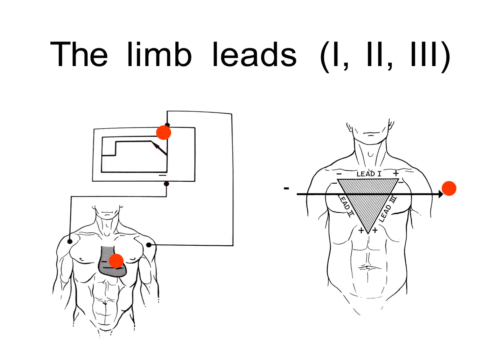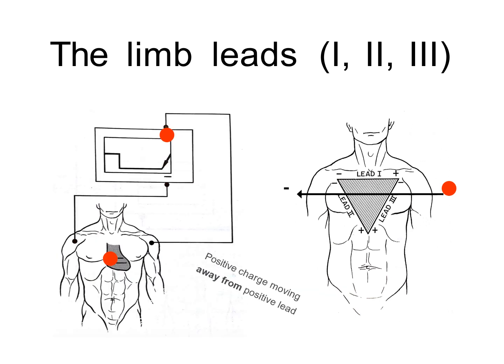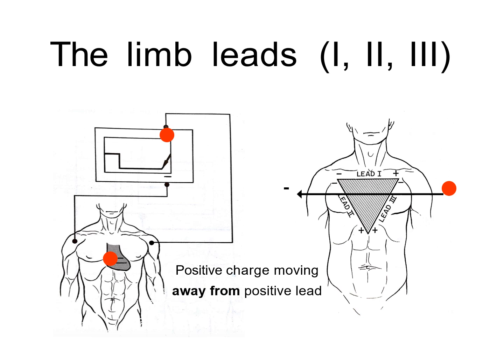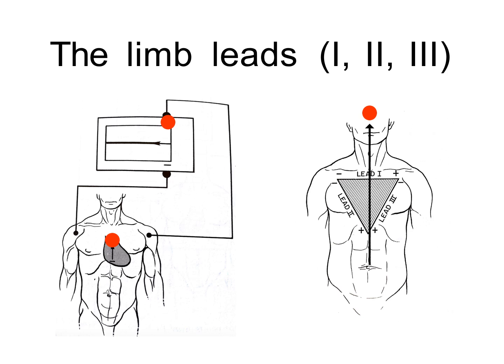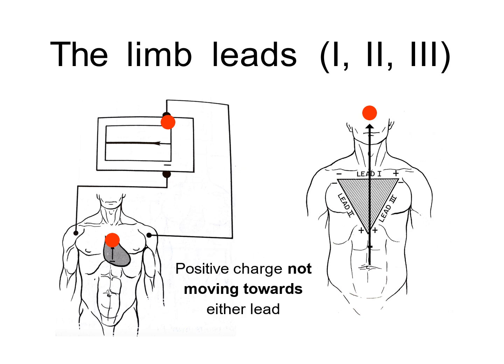So this creates an EKG or an ECG tracing. A positive charge moves towards a positive lead. A positive charge moves away from a positive lead. And a positive charge not moving towards either one of the leads.